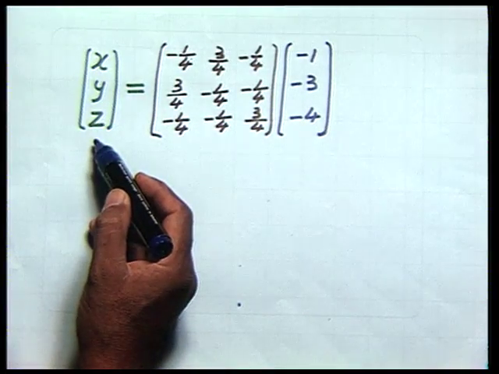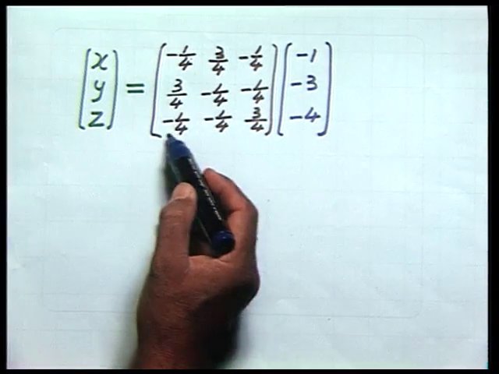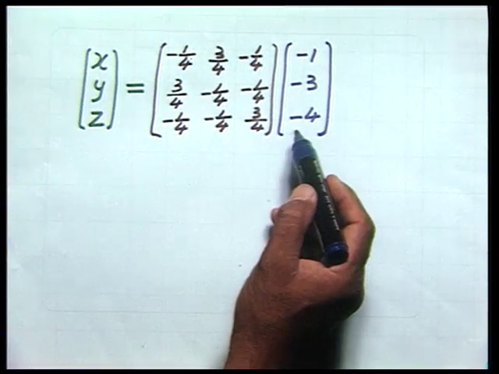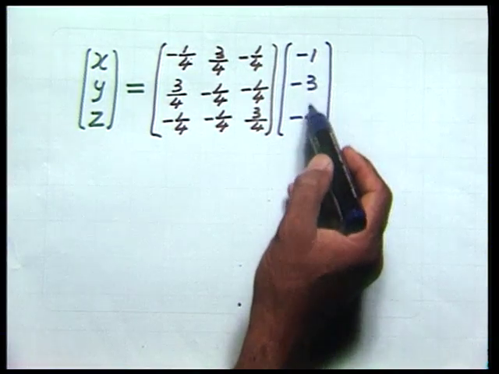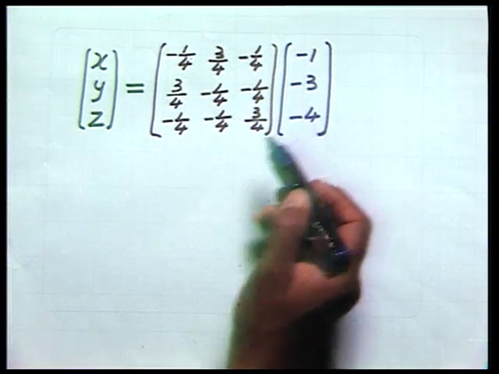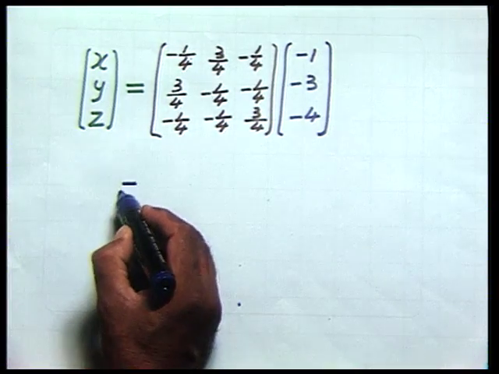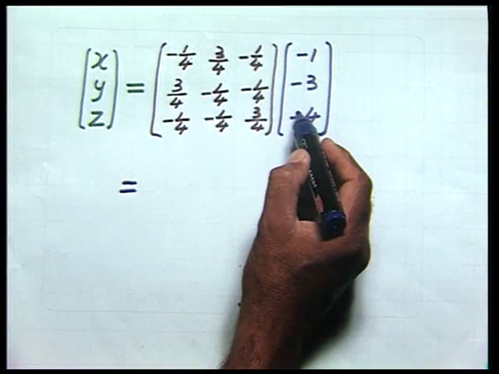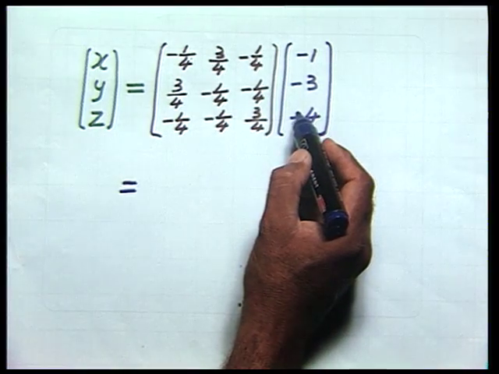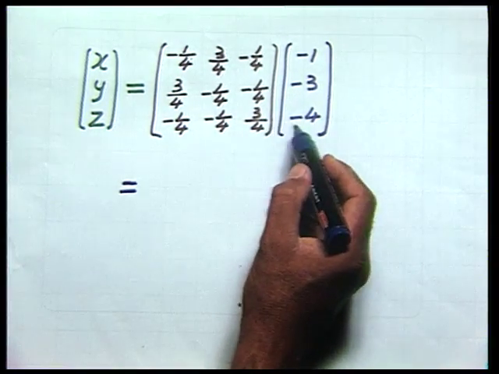Having found the value of the inverse, we are now ready to find out exactly what x, y, z are. So, we write down that matrix x, y, z is equal to the inverse that we found out multiplied with this, minus 1, minus 3, minus 4, from the equation. Now, we need to multiply these two matrices and then find out what the resultant matrix is.